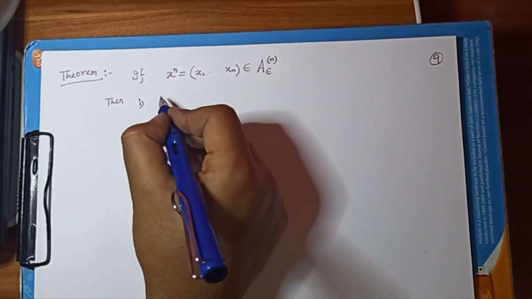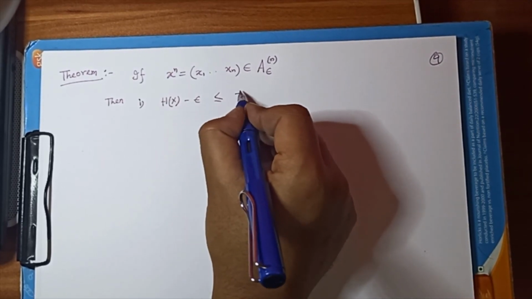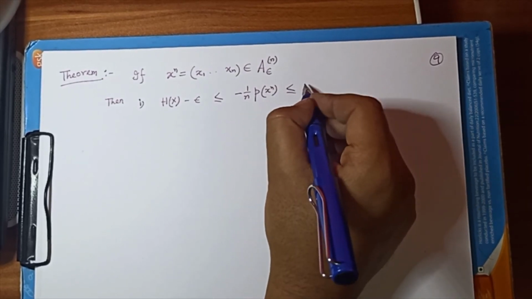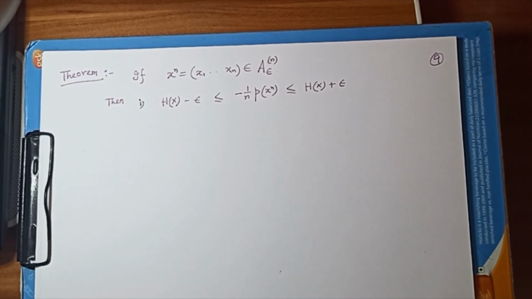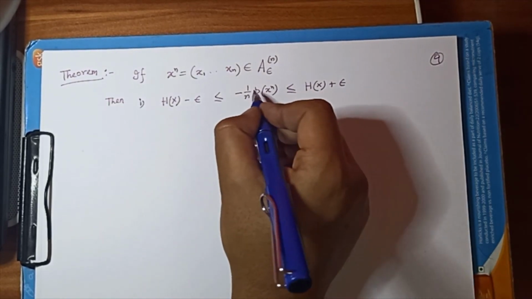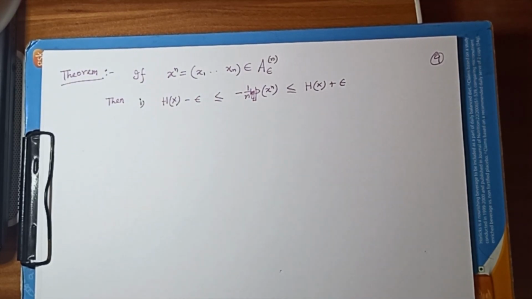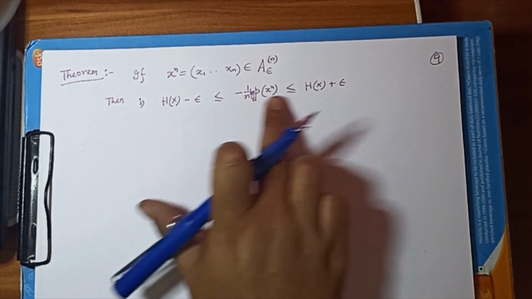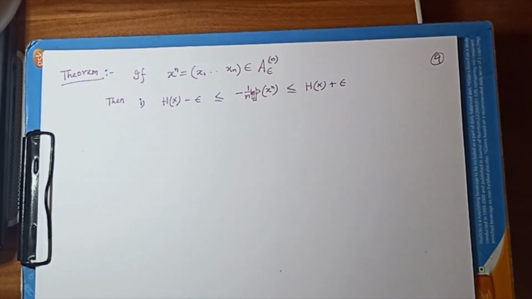Number 1: hx minus epsilon is less than or equal to minus 1 by n log p(xn), which is less than or equal to hx plus epsilon. Sorry, I did not take the log at first. This is essentially the weak law of large numbers. This is essentially the definition of the typical set.